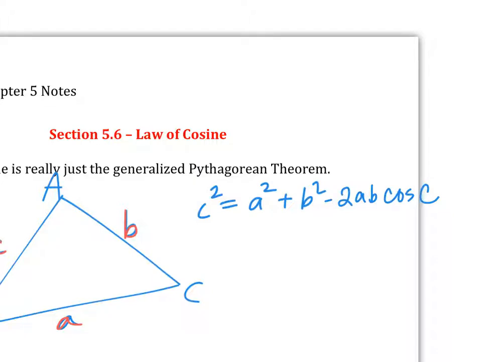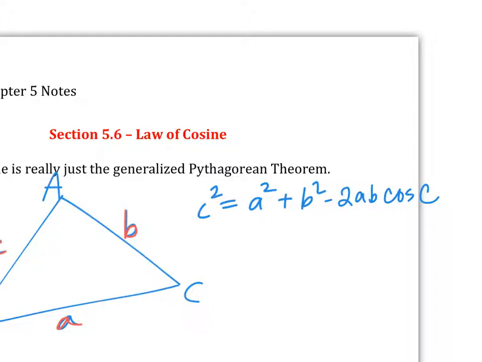How do you memorize that? It's 2 times these two sides cosine of the angle that is here, which is actually in between AB. If you look at this, A squared plus B squared minus 2AB cosine C.